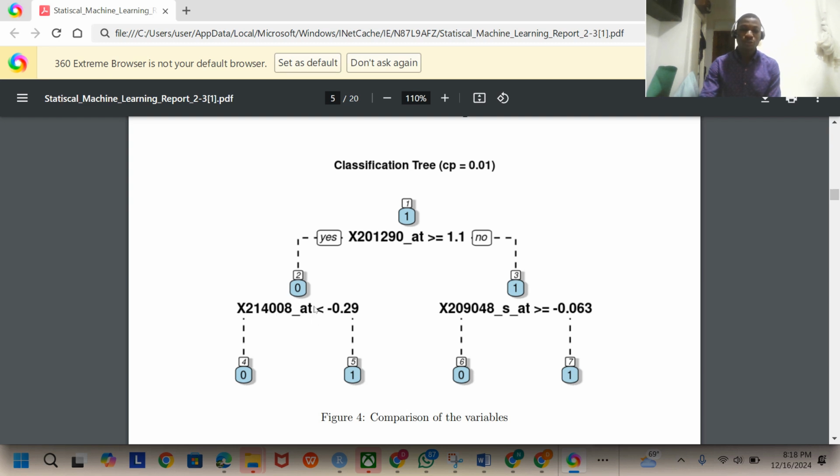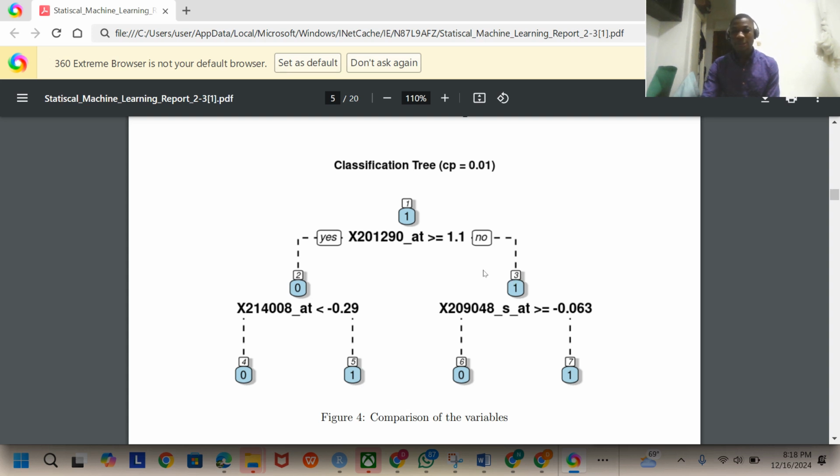This variable x214, which was also part of the Kruskal-Wallis test statistic, also influences, saying that if you are less than its threshold of negative 0.29, you do not have it, but if you are greater than that, you have it.